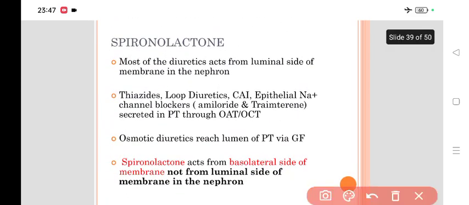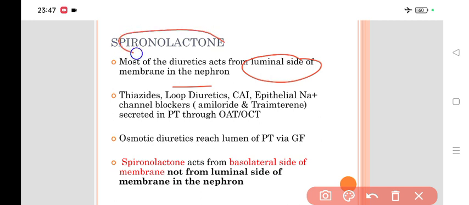Most diuretics act from the luminal side of the membrane. In the nephron, there are two sides, the luminal side and the basolateral membrane side. But the speciality of spironolactone is that it acts from the basolateral side of the membrane, not from the luminal side.